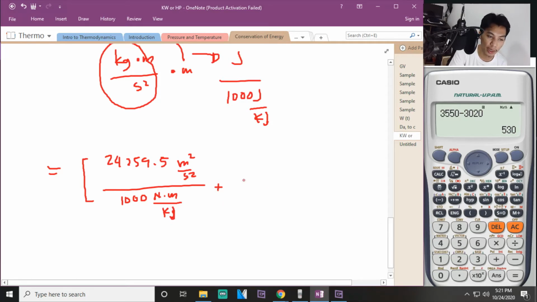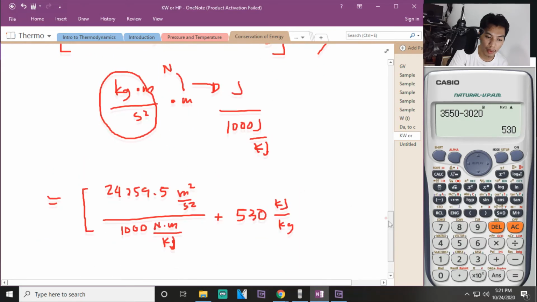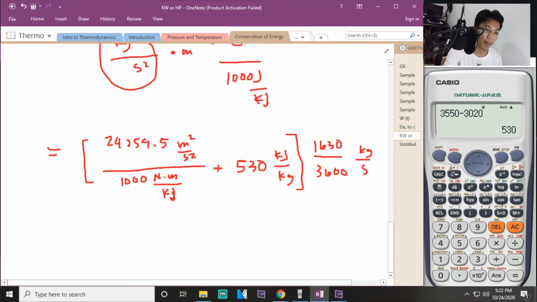Plus 530 kilojoule per kilogram multiplied by 1630 divided by 3,600 kilogram per second. Kaya ang lalabas dito is kilowatts na. Kasi maka-cancel yung kilogram, yung Newton meter, lahat yan. Tapos yung kilogram dito.